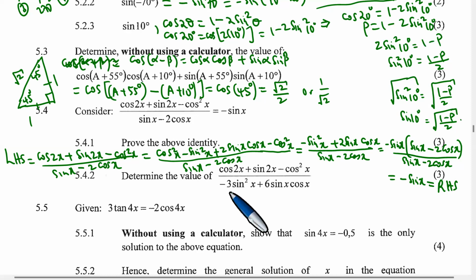Now to find the value of these here, the top is cosine 2x, sine 2x minus cosine squared. The bottom is sine x minus 2 cosine x. So if you look at it very carefully, you can simplify this by writing the top: cosine 2x, sine 2x minus cosine squared.